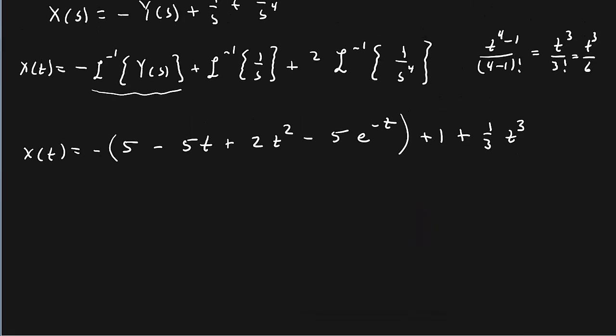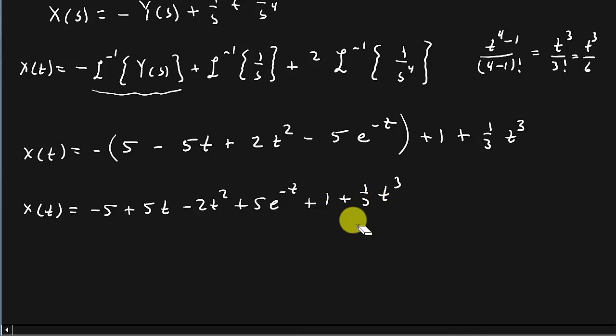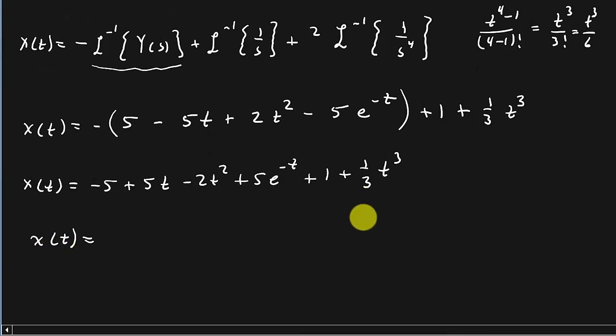All right, so now we get x of t is equal to -5 plus 5t minus 2t squared plus 5e to the negative t plus 1 plus 1/3 t cubed. And so we get x of t is equal to -5 plus 1 is -4.